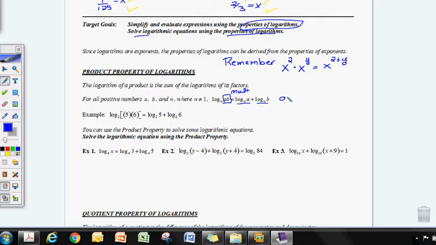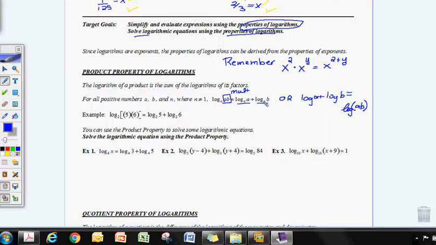Or you could reverse this and start off with a log of A plus a log of B, and it would equal log of A times B. You can go forwards and backwards, and that AB is the whole argument.